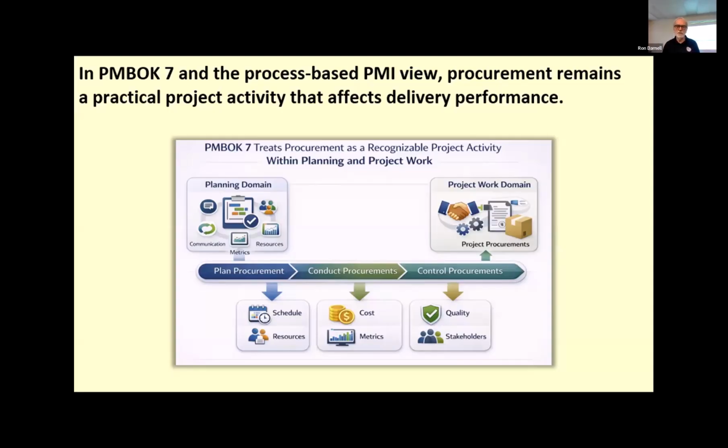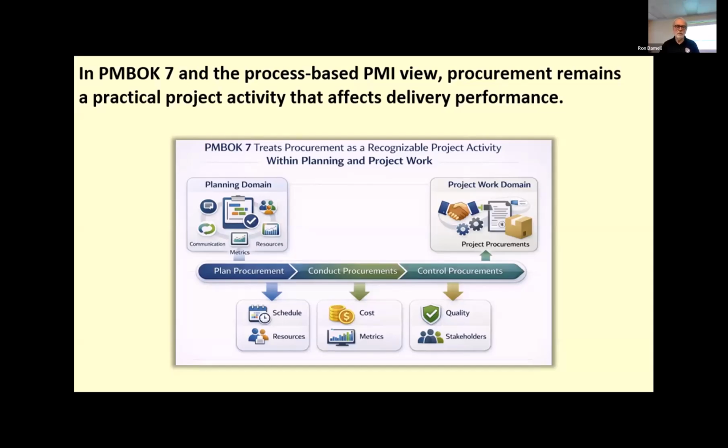During planning, the team considers what must be obtained externally and how those external needs fit the scope, schedule, resources, and communication and metrics needs of the project. During project work, the team needs to coordinate procurements as the execution unfolds, and that includes ensuring externally sourced goods and services support the intended outcome of the project rather than disrupt it. The process-based view in the process groups practice guide makes this explicit connection.